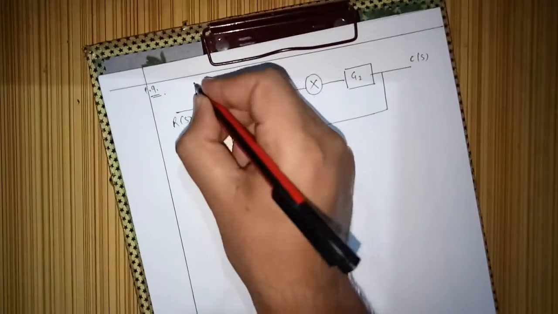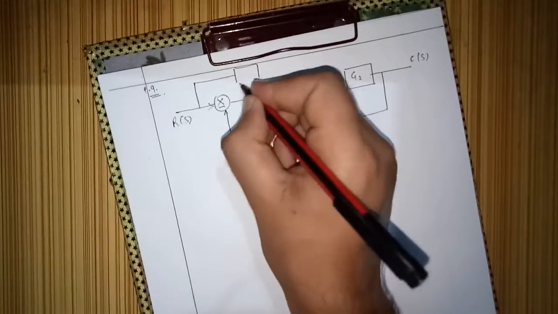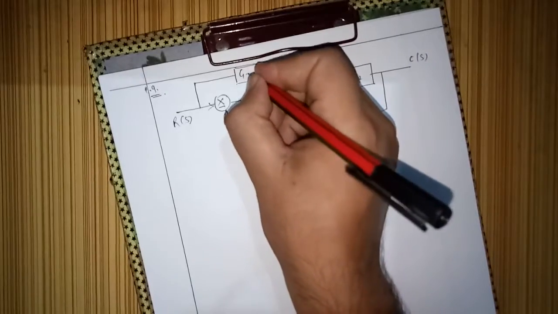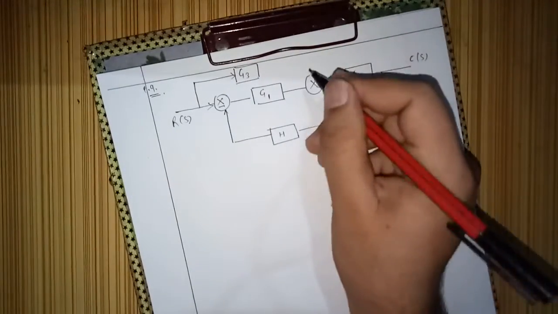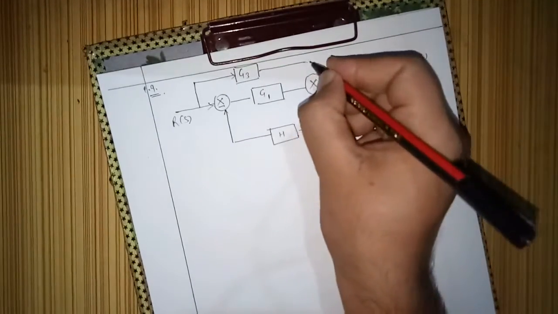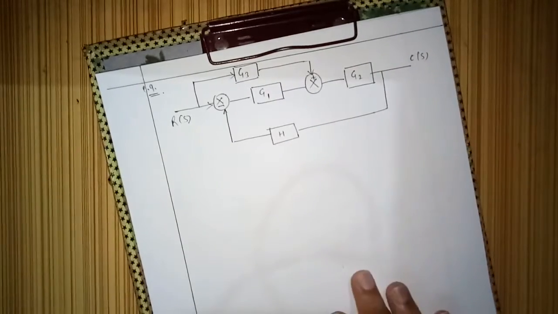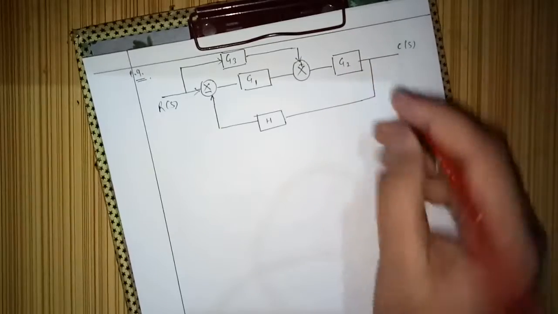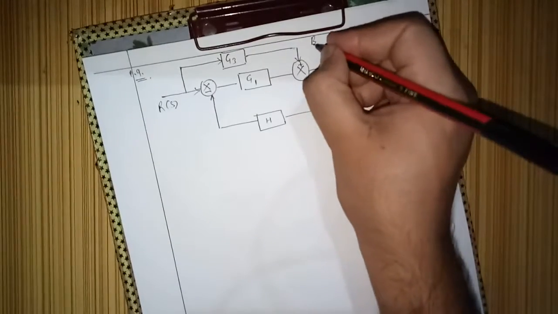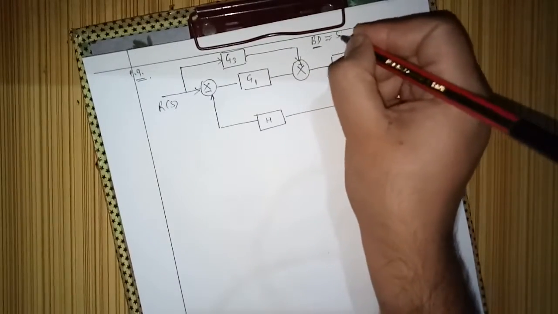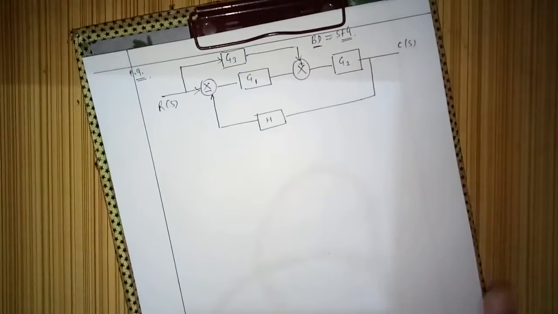Here one element is here, g3, going from input to adder, this is positive. Now I want to represent this block diagram into a signal flow graph. How do I represent?